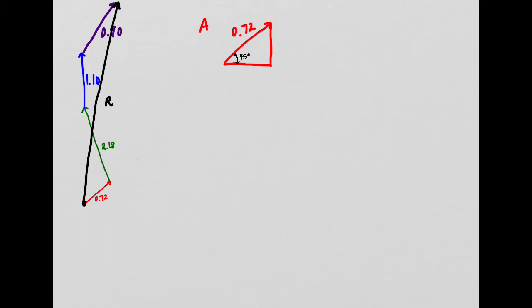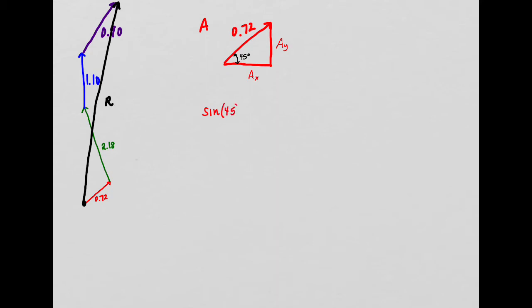Okay, so first what we're going to do, I'm going to label this AX and AY. And then we're going to solve for AX and AY. Remember, we have to use the trigonometric method. First, I'm going to do sine of theta, which in this case is 45.